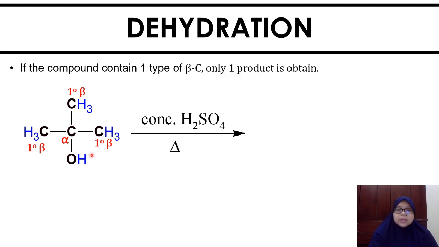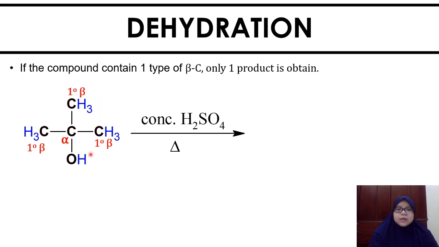For example, in this structure, we have 2-methyl-2-propanol. This one is the alpha carbon. When we expand the structure, this one is the alpha carbon, and all three carbons adjacent to the alpha carbon we call beta carbon. When we classify the beta carbon, all are primary beta carbon.